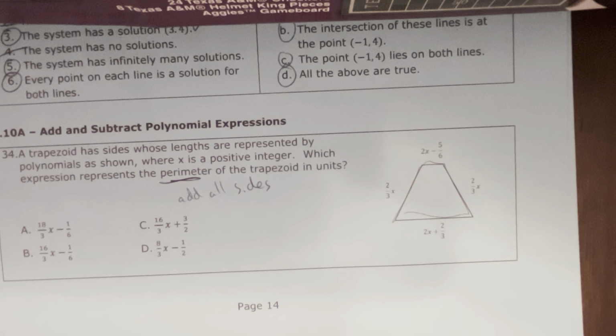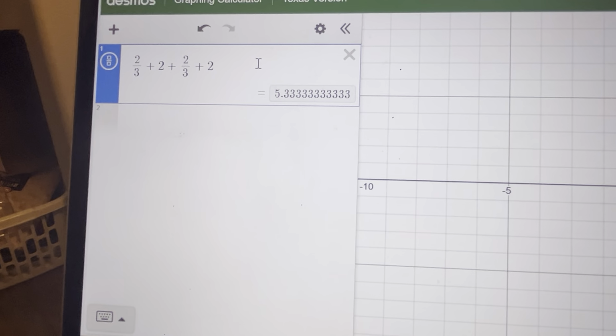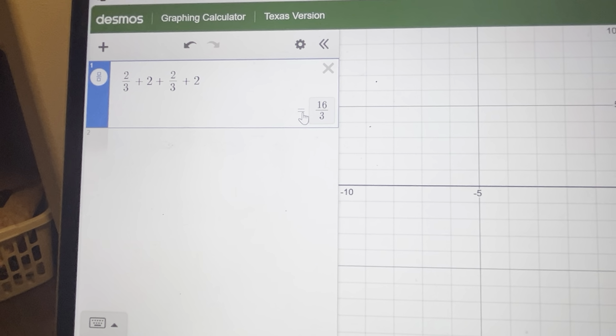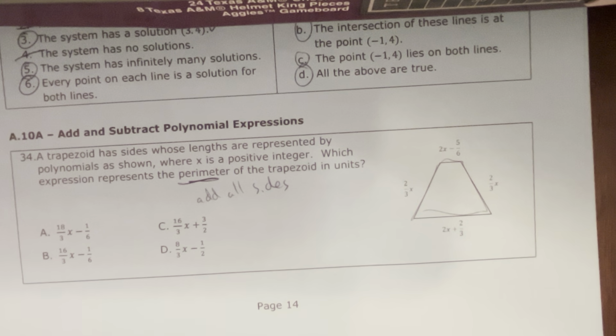So we're going to do 2/3, I'm not going to put the x, and then plus 2, plus another 2/3, and plus another 2. There's all my x coefficients, and I'm going to make it a fraction, 16/3.